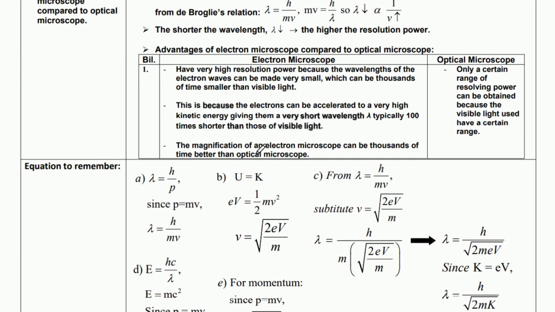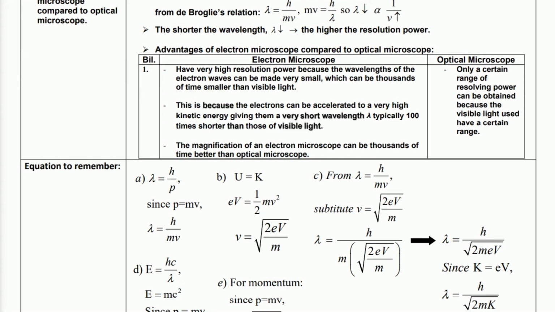So the magnification of an electron microscope can be 1,000 of times better than the optical microscope. Okay, kalau for optical microscope, only a certain range of resolving power can be obtained because the visible light used has a certain range. Okay, so that's why kita banyak menggunakan electron microscope lah, sebab kita boleh tengok benda yang lagi kecil ya. Sebab dia punya resolution power dia sangat tinggi.